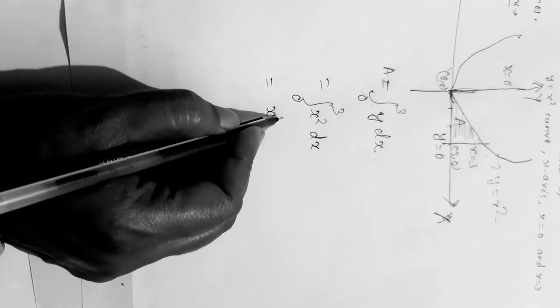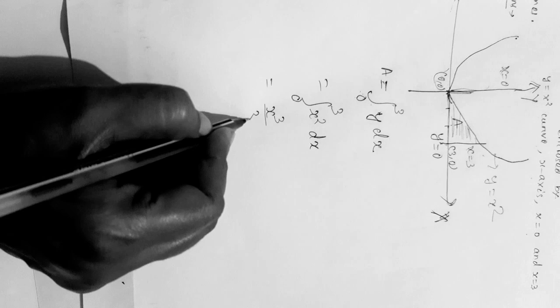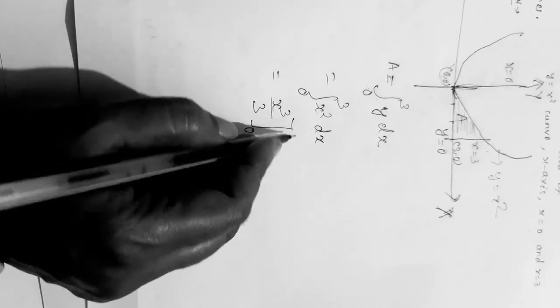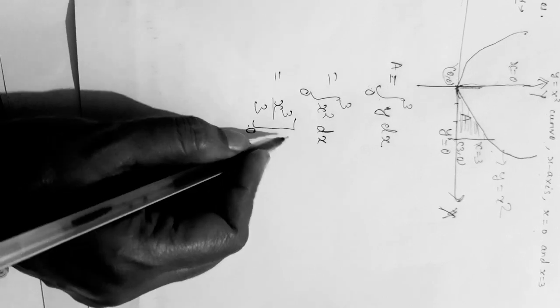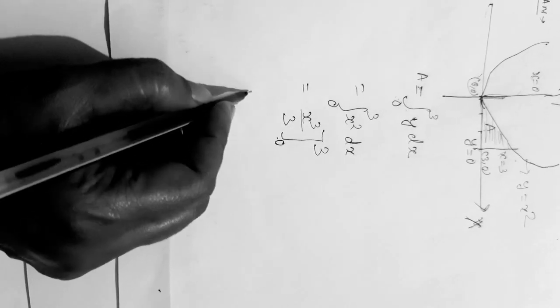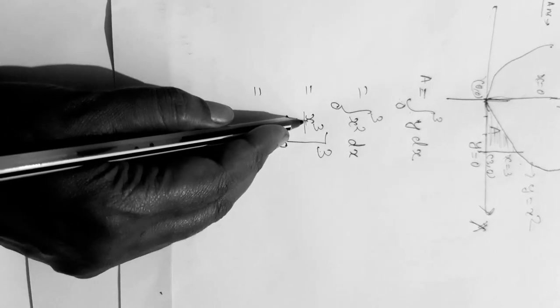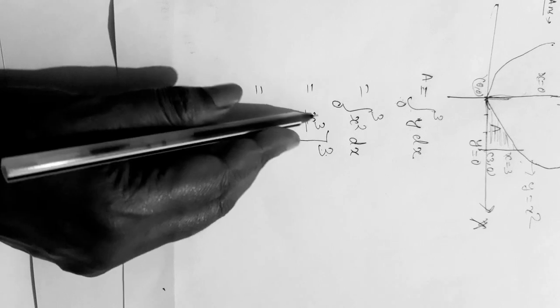The integral of x square is x cube by 3. Then just write the limits at the corresponding place. That is, 0 is the lower limit and 3 is the upper limit of x. Now just replace x by the upper limit in this expression.